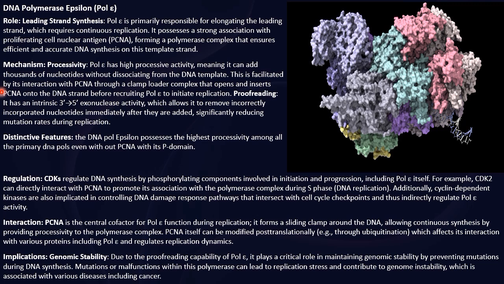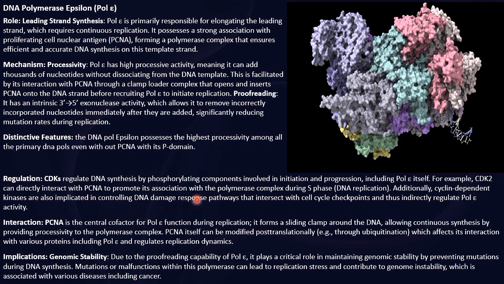Now, the regulation mechanism is very similar to the other DNA polymerases, that is delta and epsilon, but the additional point is that cyclin-dependent kinases are also implicated in controlling DNA damage response pathways that intersect with the cell cycle checkpoints and thus indirectly regulate pol epsilon activity. Now, as I mentioned, DNA pol epsilon primarily interacts with PCNA, where PCNA is the central cofactor for pol epsilon function during replication.